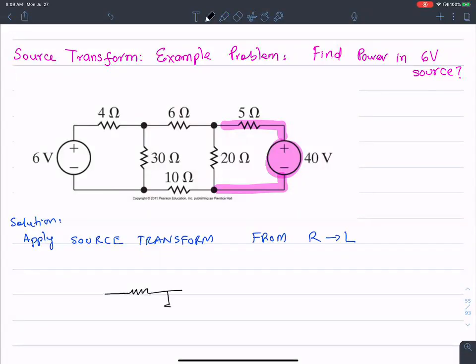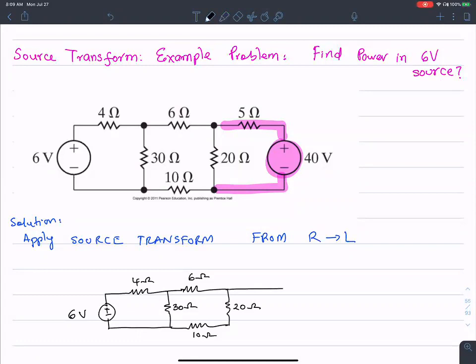4 ohm resistance, 36. All of the rest of the circuit is still the same, exactly the same. So here is my 6 volts, 4 ohms, 6 ohms. Okay, and I even leave the 20 ohm resistance as is. I just concentrate on the highlighted pink part, a voltage source with a series resistance.